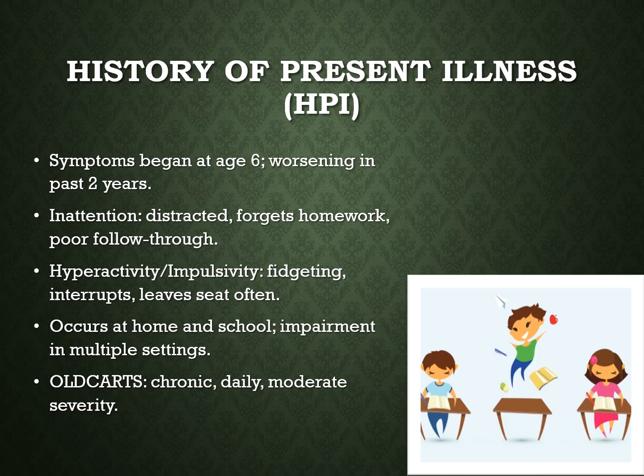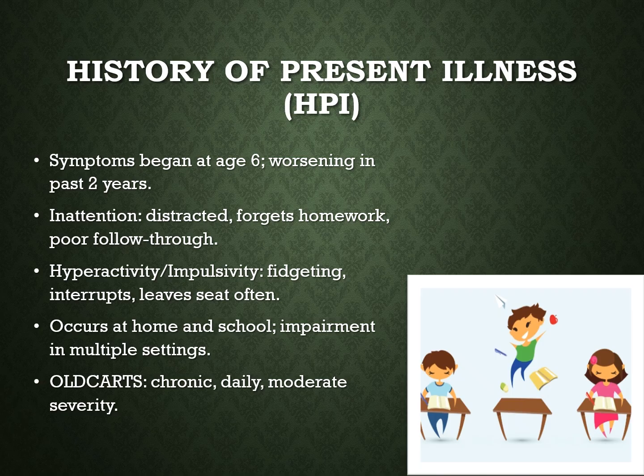I'm going to talk about his history of present illness. His symptoms began at age 6, and over the last 2 years, they've become increasingly disruptive. His inattention presents as forgetting homework, losing items, and difficulty sustaining focus.